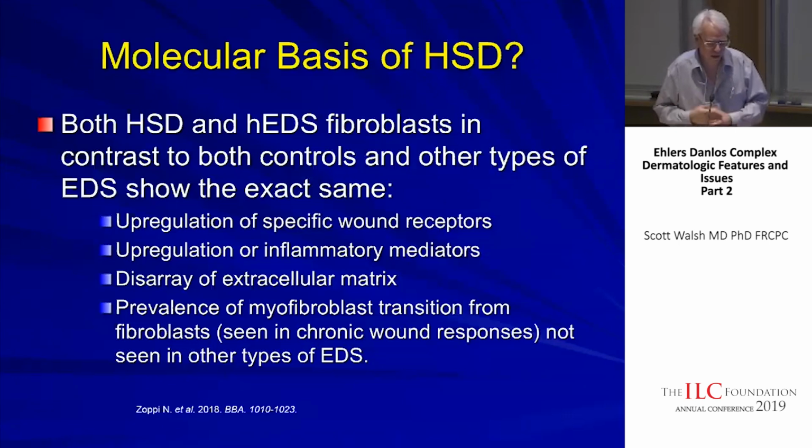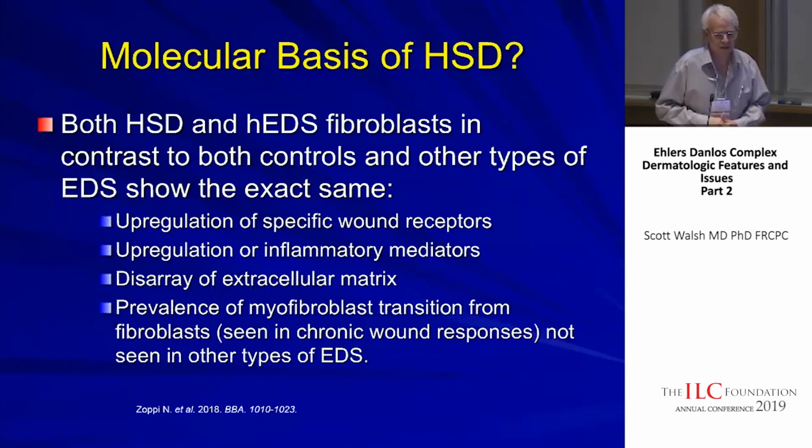When you look at what proteins these fibroblasts are expressing, it's different than in people who don't have hypermobile spectrum disorder. Their anchoring protein is one that we typically see in wound responses. There are a whole bunch of inflammatory mediators that these fibroblasts are making that, again, are not seen in other types of Ehlers-Danlos and not seen in controls.